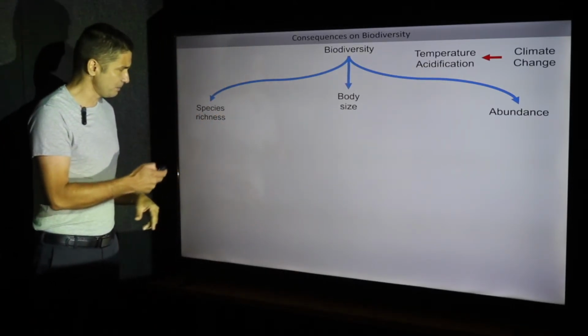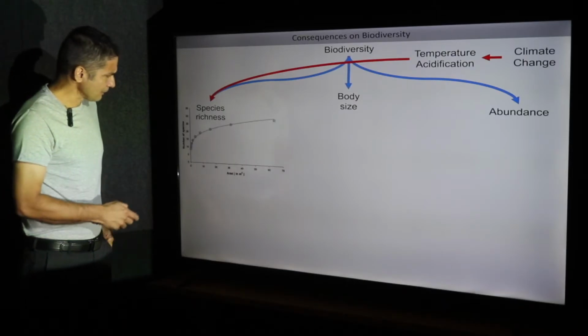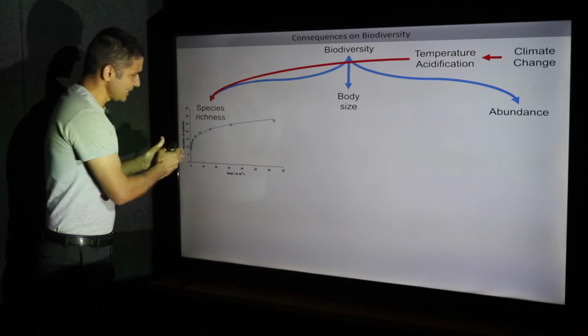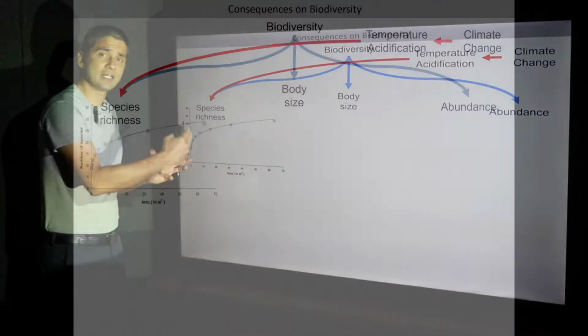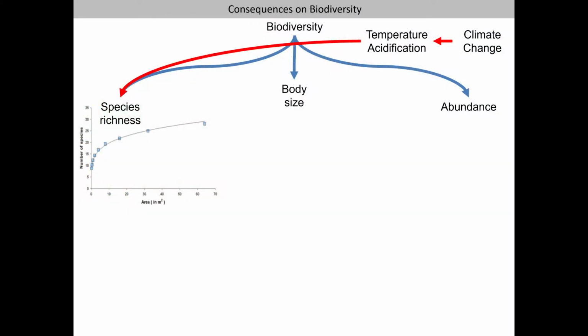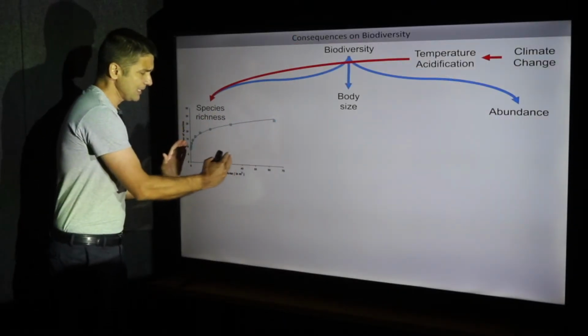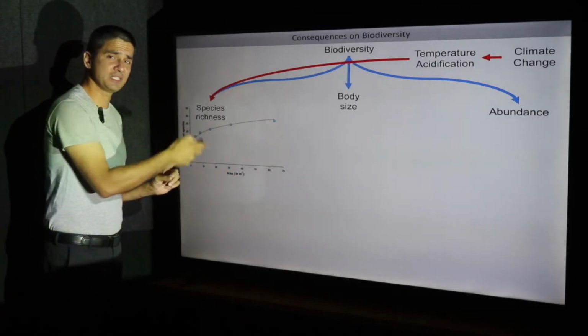Let's look at species richness. First, we know for a fact that the number of species increases as you increase the area that is suitable for a species. So with these changes in temperature that we also saw earlier, temperature is one of the driving forces in determining the distribution of a species. So with this warming, what you are doing is reducing the suitability of habitats where a species can survive.